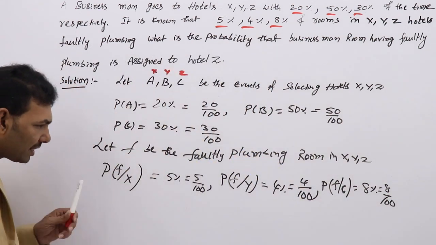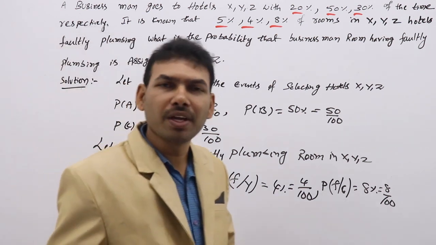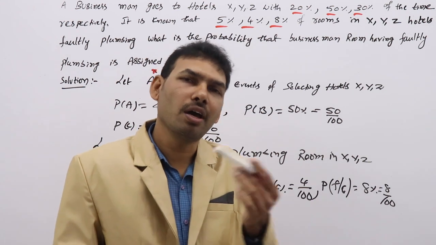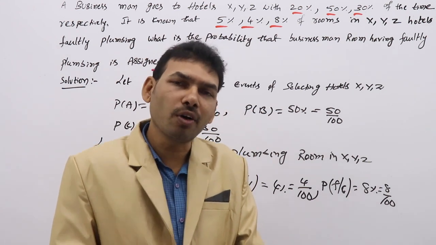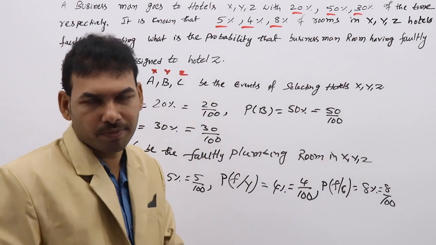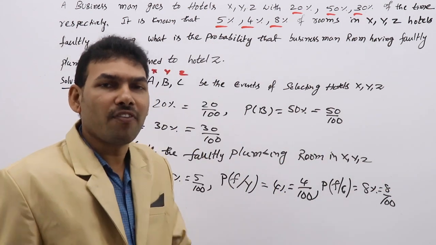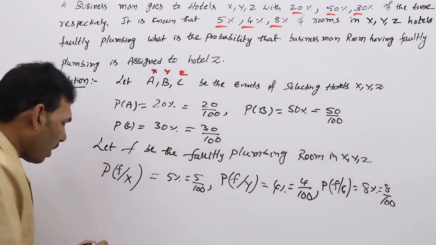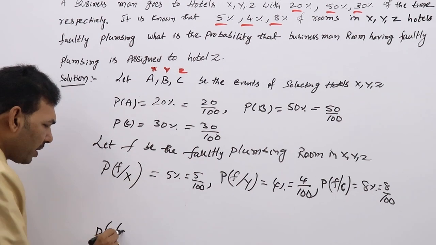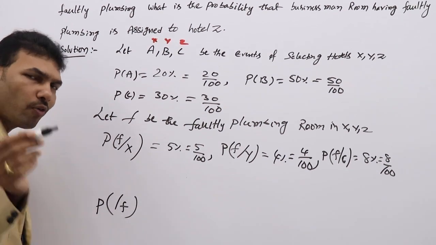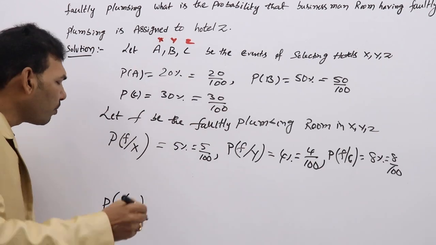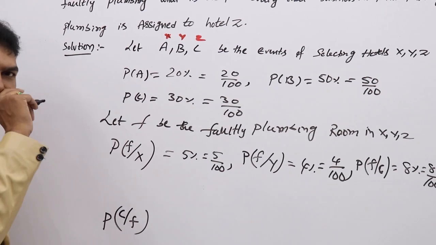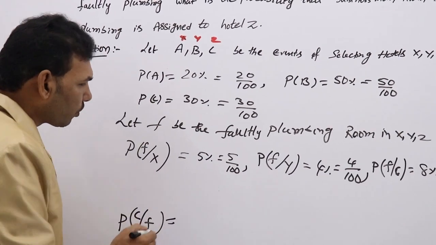Now, with this data, we need to find that a faulty plumbing room assigned to the businessman is from Hotel Z. So what is the first event? First he is saying that the room is assigned already. That means now a faulty plumbing room is assigned to the businessman. Now we need to find the probability that the faulty plumbing room is from Hotel Z. C represents Hotel Z. So this we need to find.